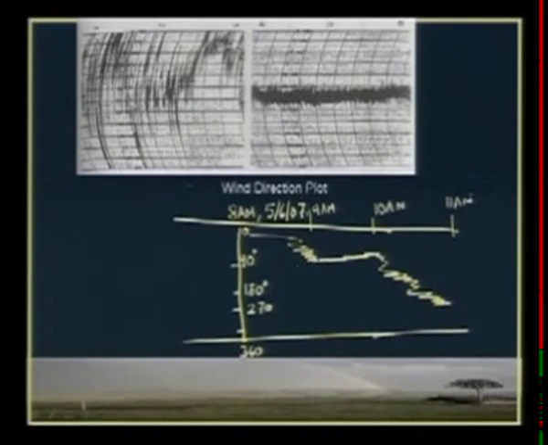I have reproduced the same chart here with a little more clarity. In the morning, at 9 o'clock, the wind direction was about 90 degrees. At 10 o'clock the wind direction was still 90 degrees, but between 10 and 11 the wind direction was something like 270 degrees.